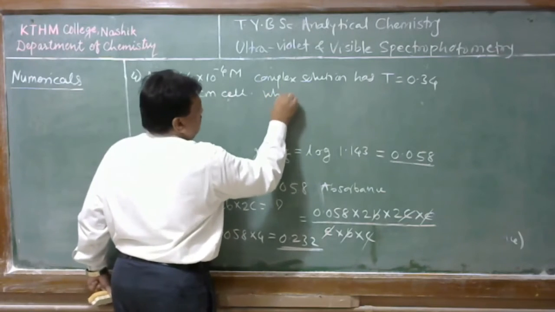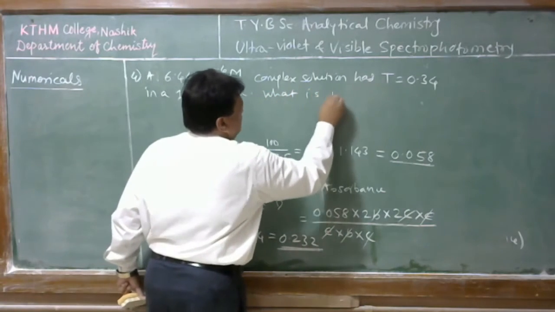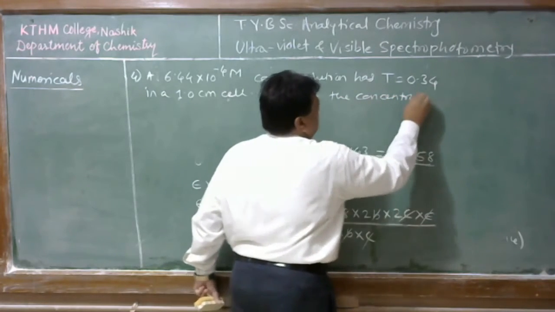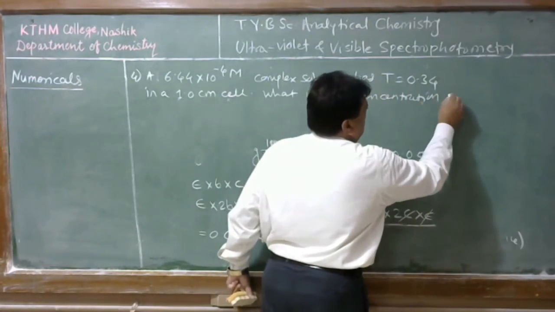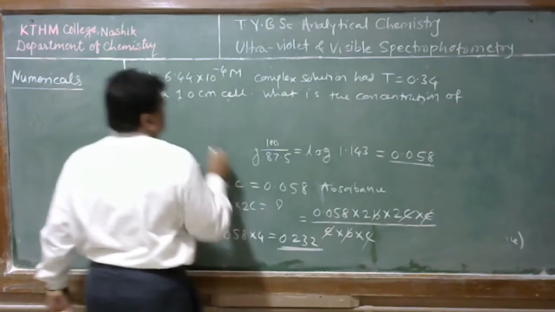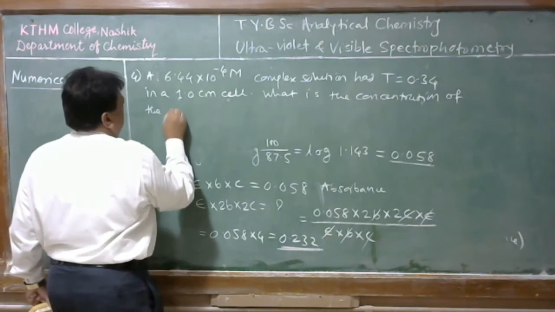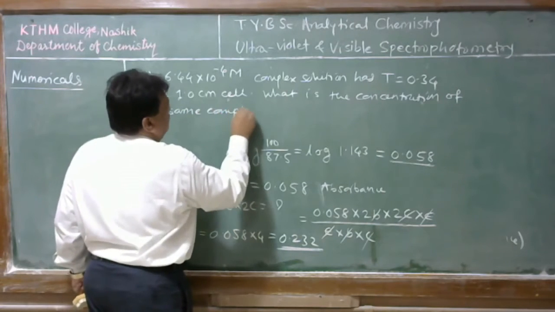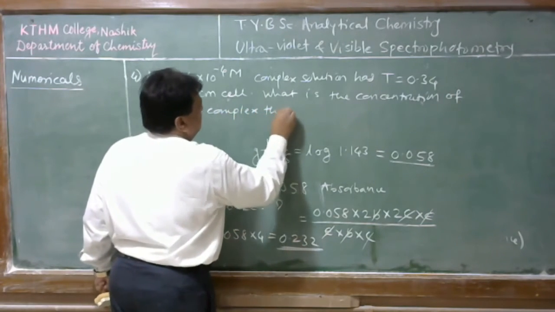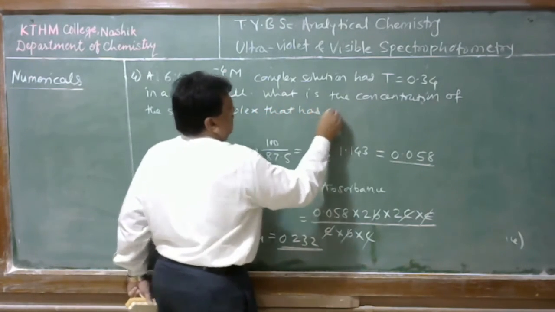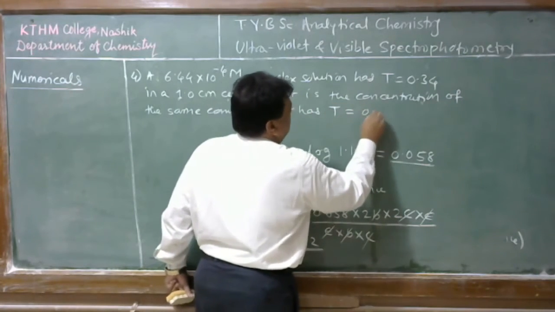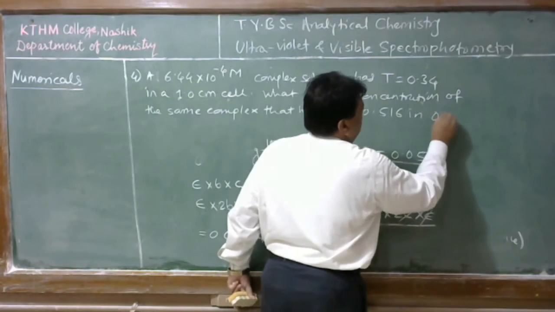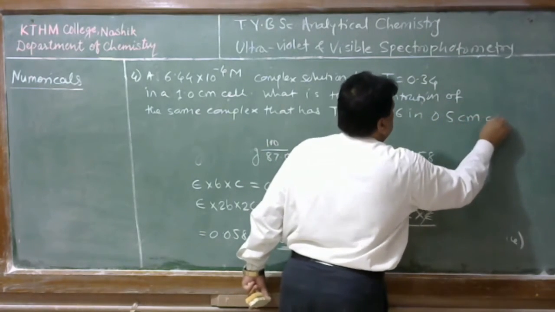What is the concentration of the complex that has T is equal to 0.516 in a 0.5 centimeter cell?